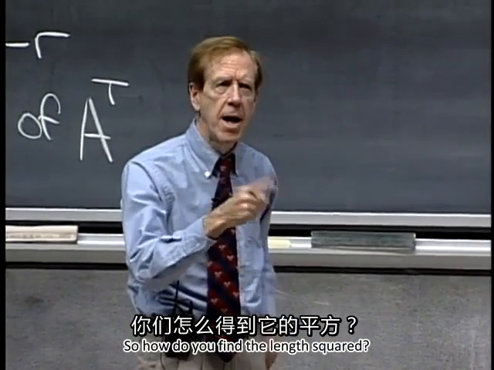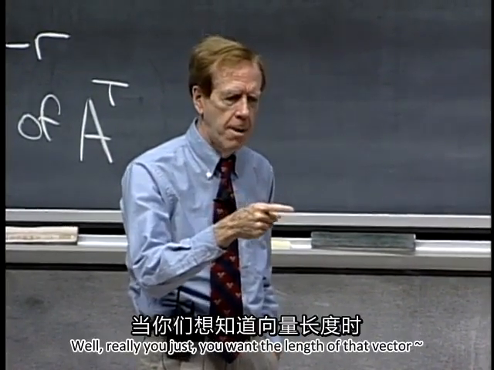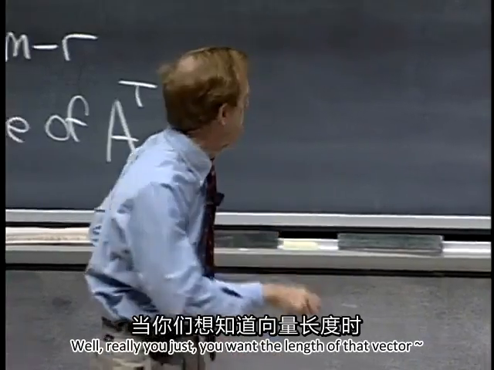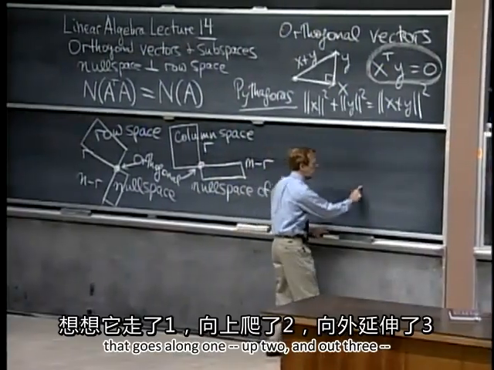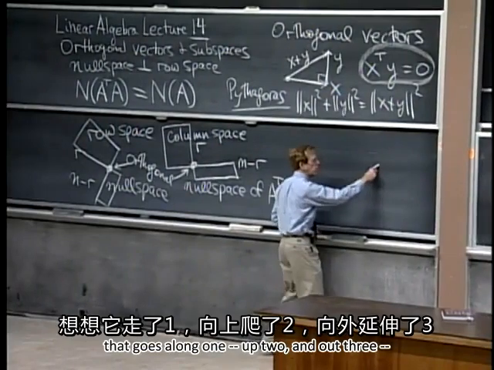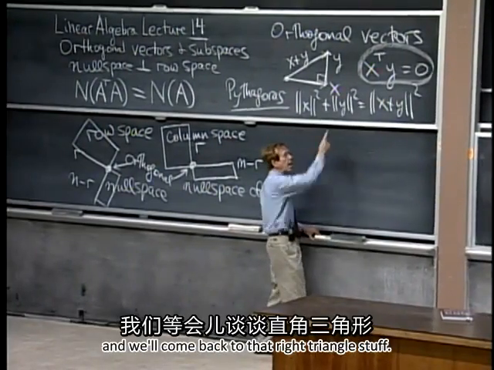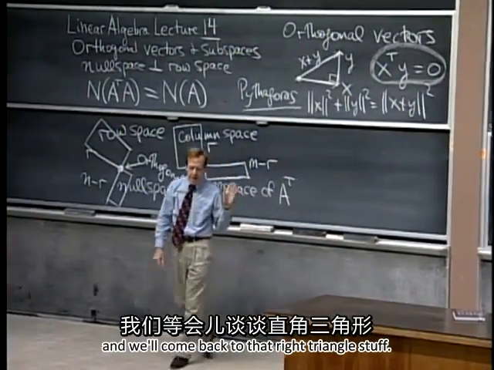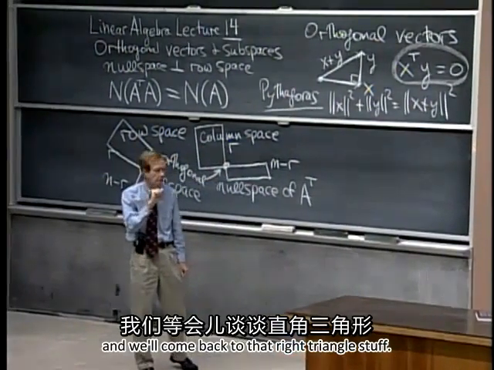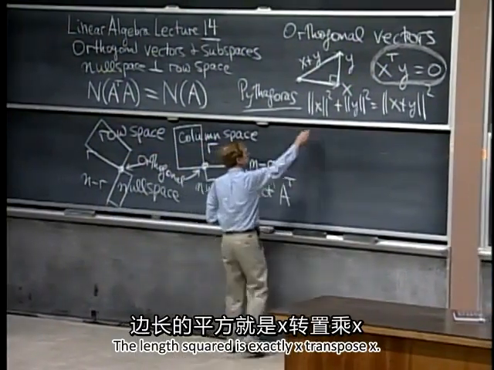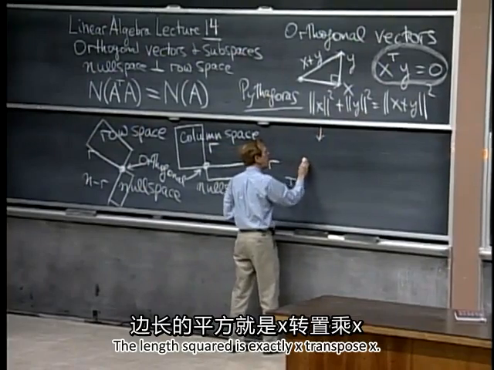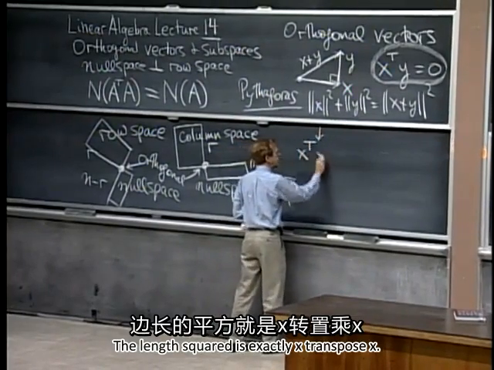So how do you find the length squared? Well, really, you want the length of that vector that goes along 1, up 2, and out 3, and we'll come back to that right triangle stuff. The length squared is exactly x transpose x.